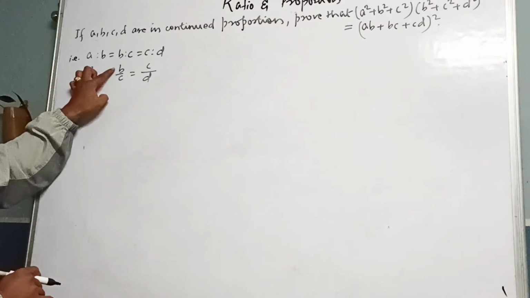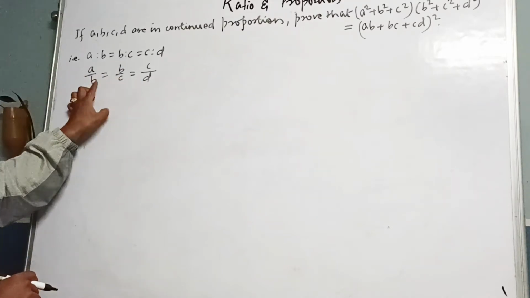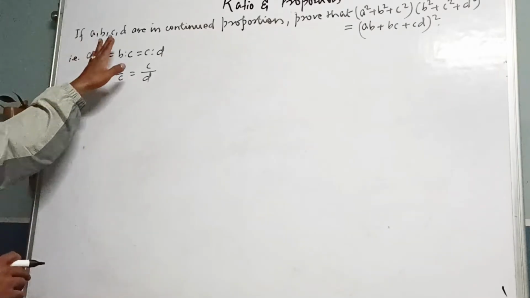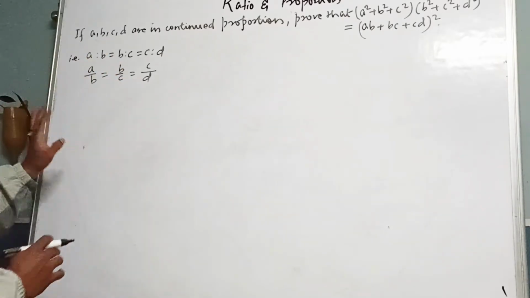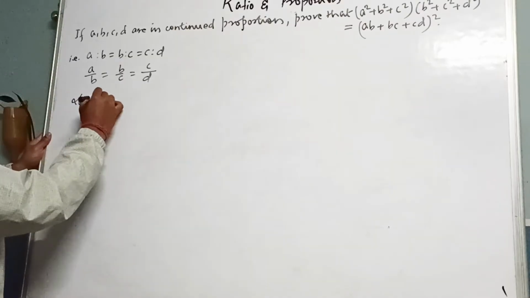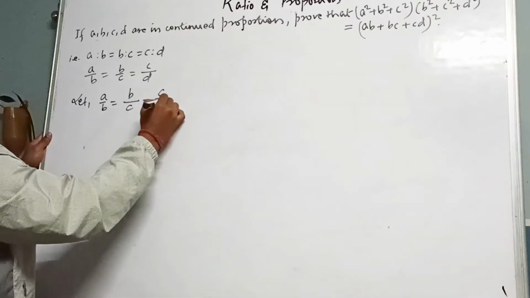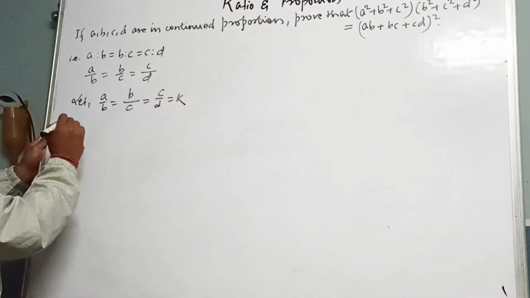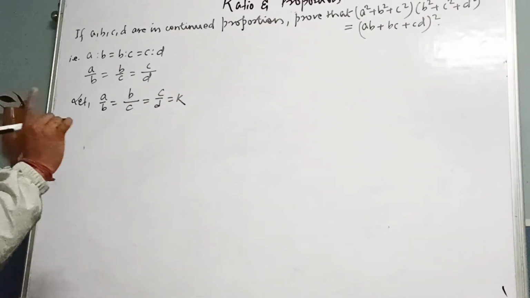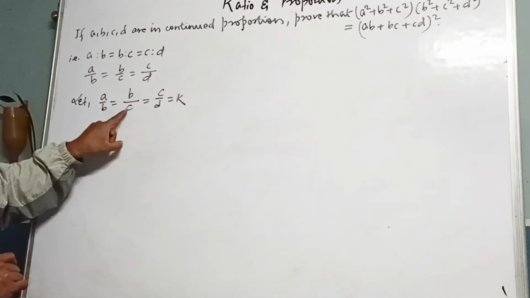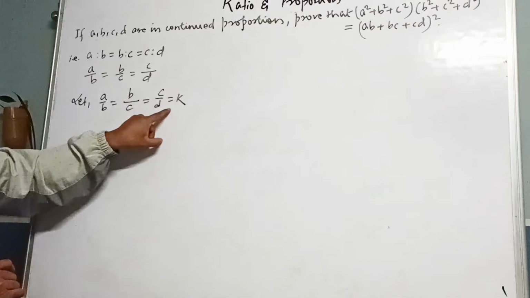A by B, B by C, and C by D. Just see here, B has repeated and C also repeated. But the continuous proportion has been given up to D. So now just let A by B, B by C, and C by D equal to K. So from this relation, it is clear that A equals BK, B equals CK, and C equals DK.